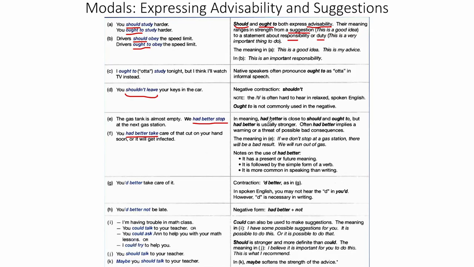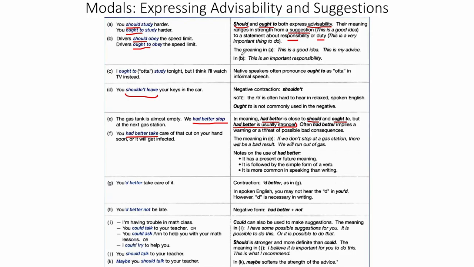Now in meaning, had better is close to should and ought to, of course. Why? Because all of them express advice, but had better is usually stronger. This is the main thing to take regarding the use of the modal had better: it is stronger. When you give somebody advice using had better, it means it is better for the person to do it, or there might be some kind of bad consequence.